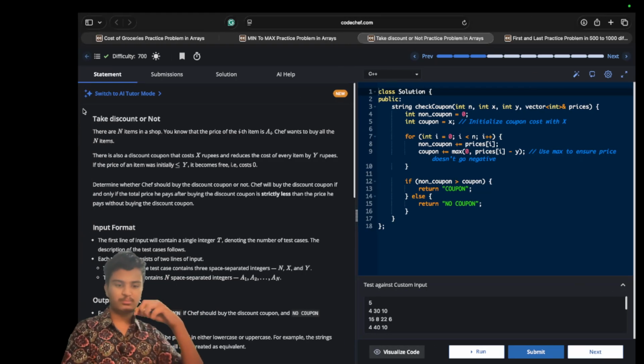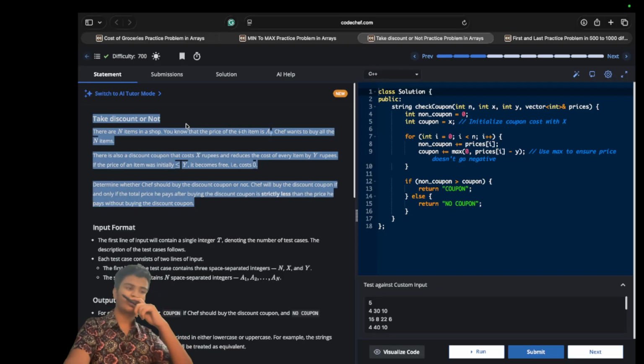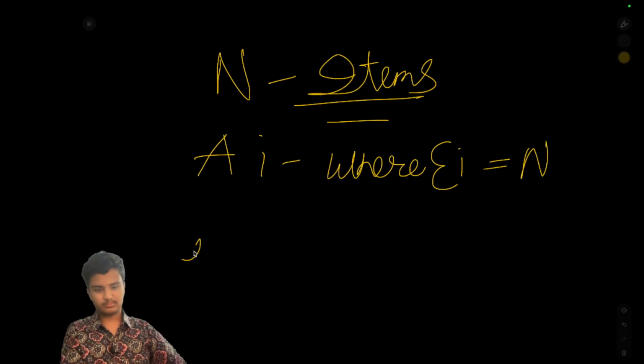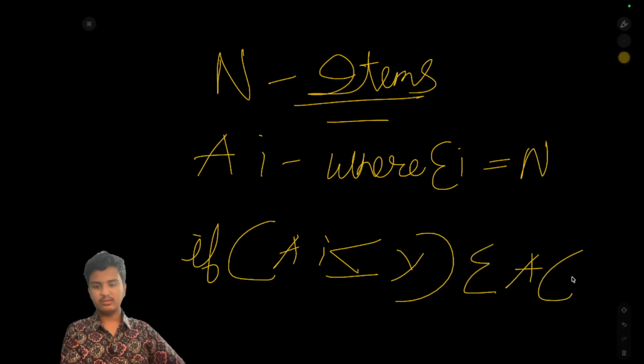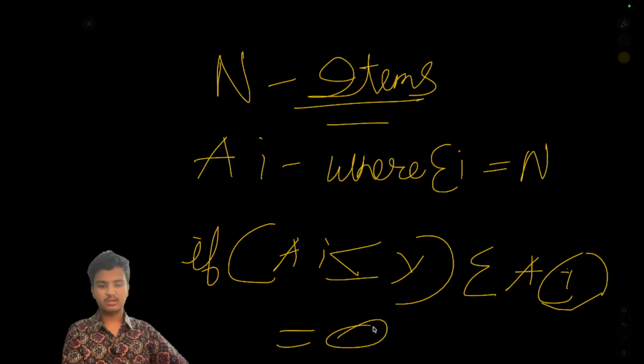And there's a coupon which costs X rupees and reduces the cost of every item by Y. If the price of an item is smaller than or equal to Y, it becomes free. So if a_i is smaller than or equal to Y, a_i will be considered as 0.